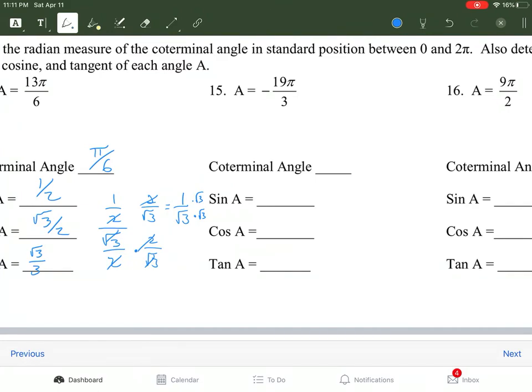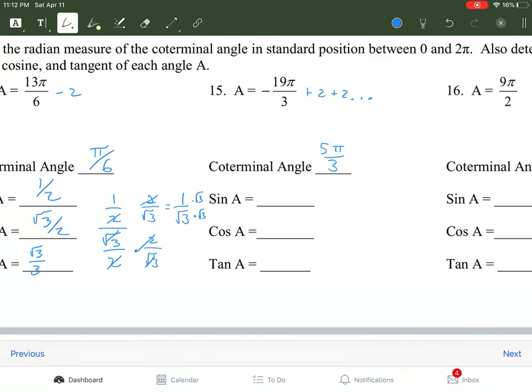So we're going to add 2, 2, and now we get a number between 0 and 2, and it is 5 pi over 3. So in the first one, we want to subtract 2. We only need to do it once. The next one, we're going to add 2 a number of times until it's between 0 and 2, and we found it at 5 pi over 3.